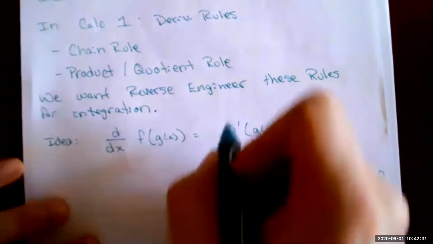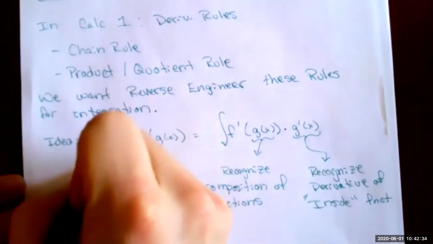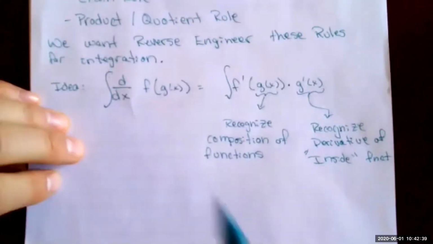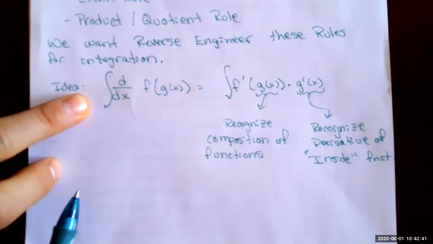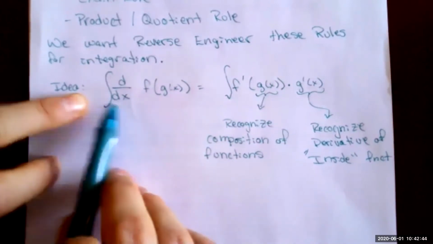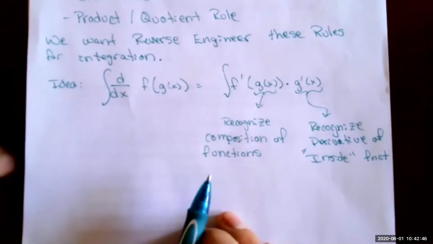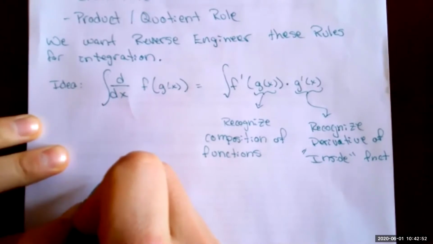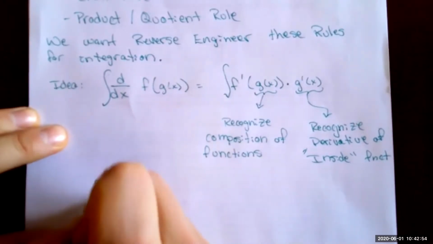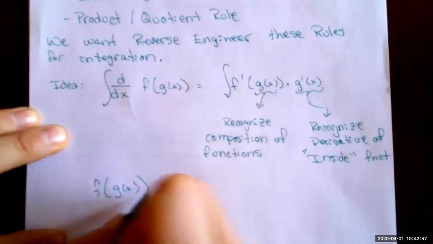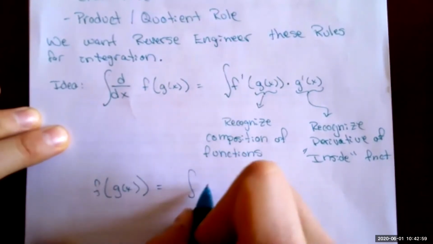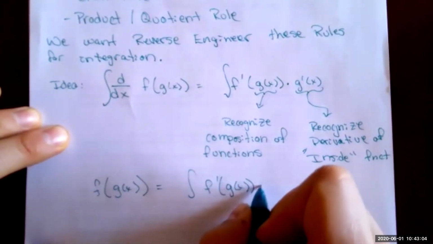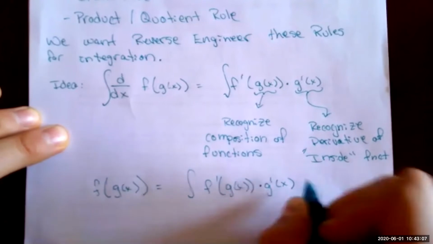Because what's going to happen is, if I just integrate both of these, we know from the fundamental theorem of calculus that the integral undoes the operation of a derivative, and we are simply going to get that f composed g of x is equal to the integral of f prime of g of x times g prime of x.